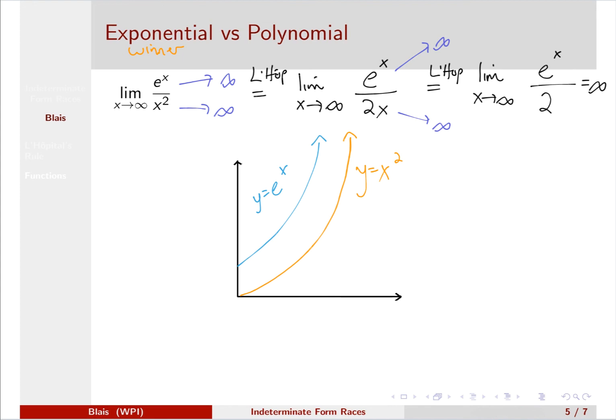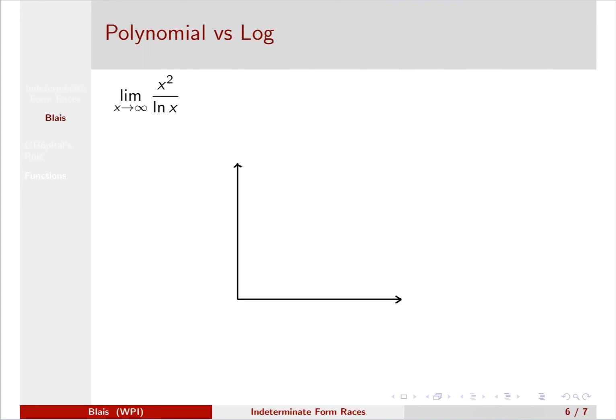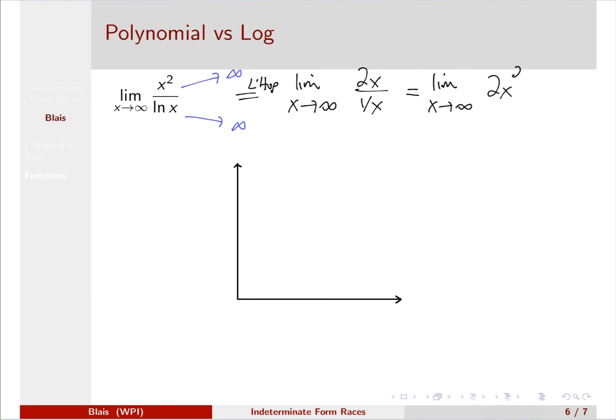Now we need to run the two losers against one another, namely the polynomial versus the log. And again, we know x squared is approaching infinity, as is the natural log of x. So L'Hopital's rule tells us this is the limit as x goes to infinity. The derivative of the numerator is 2x. The derivative of the denominator is 1 over x. Simplifying, we get the limit as x goes to infinity of 2x squared, which is infinite.